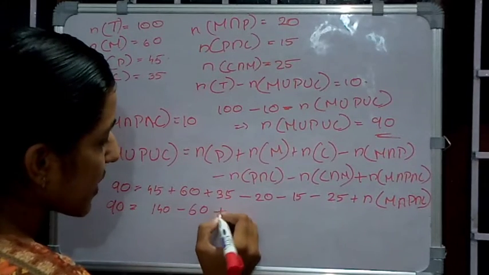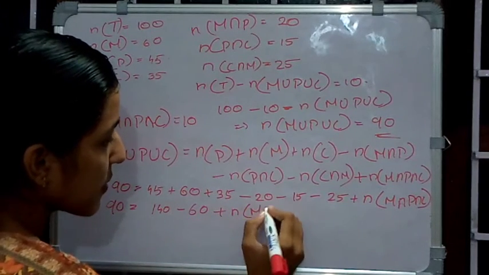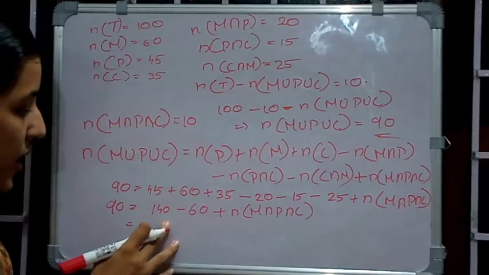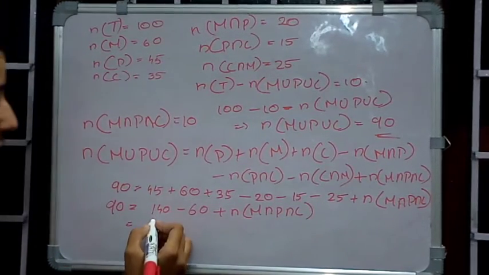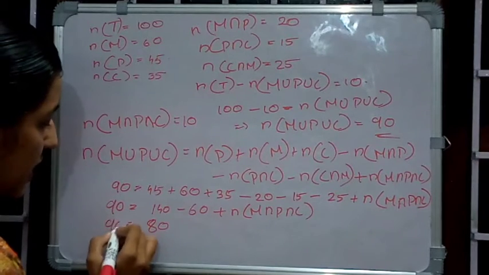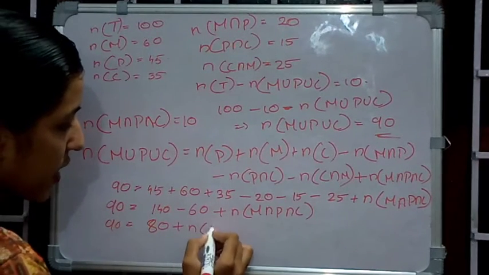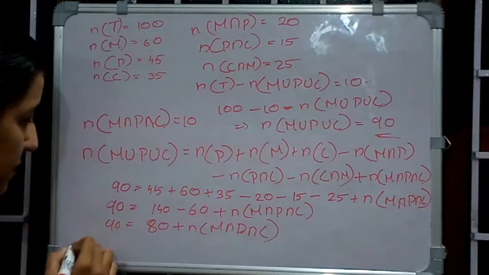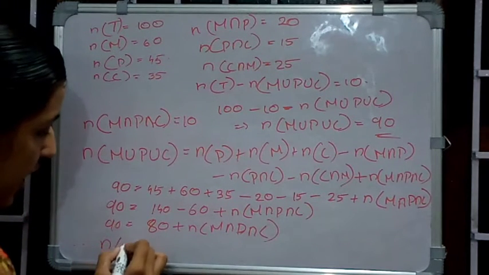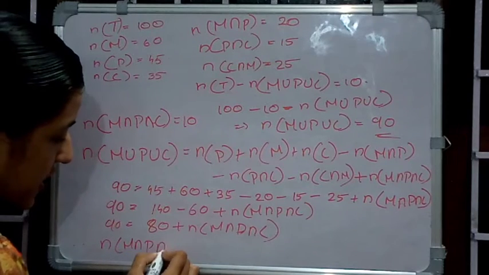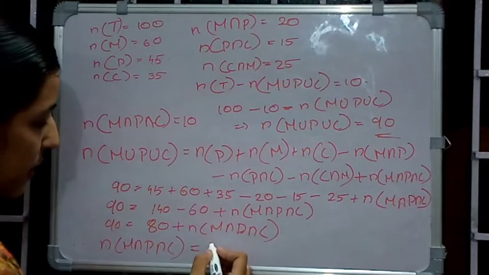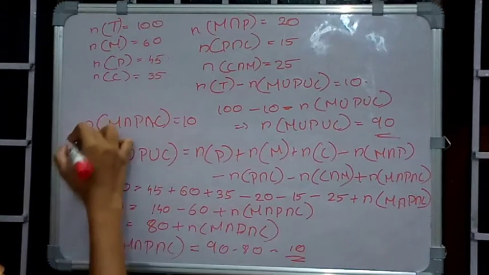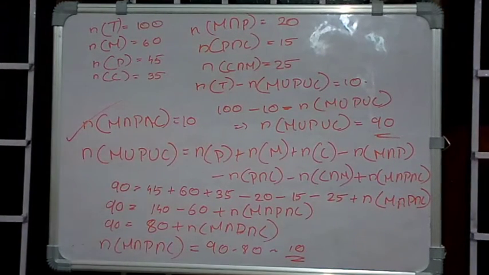So minus 60 plus n of M intersection P intersection C. When we subtract 140 minus 60, we get 80. So 90 equals 80 plus n of M intersection P intersection C. Thus n of M intersection P intersection C will be equal to 90 minus 80, which is 10. So this is correct. So option B is correct.